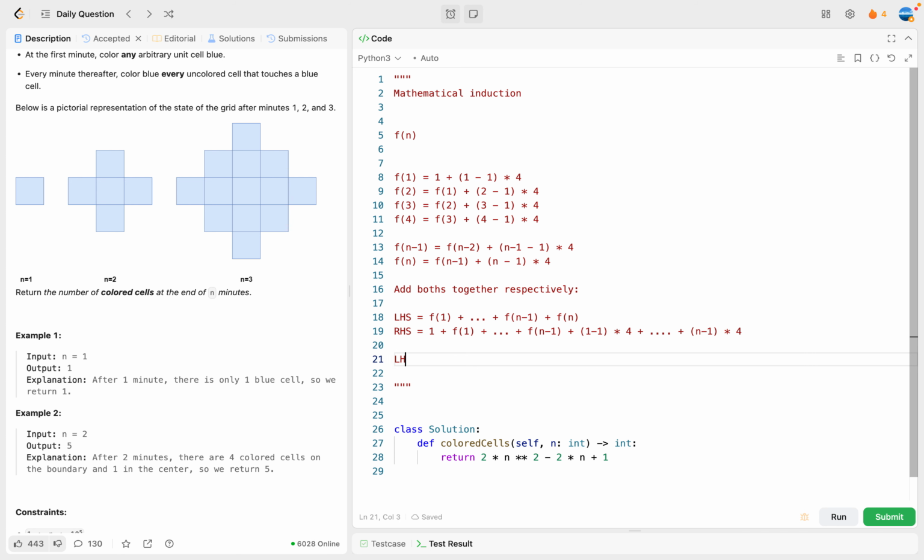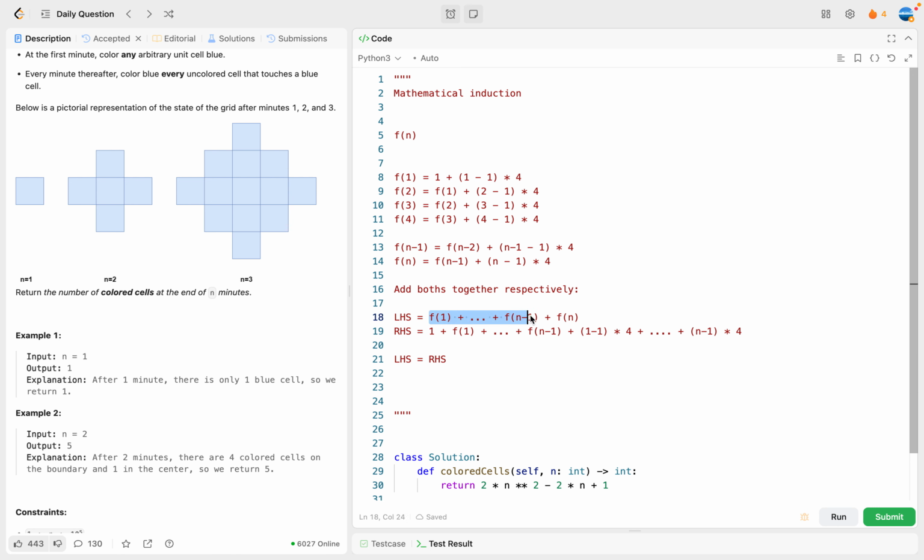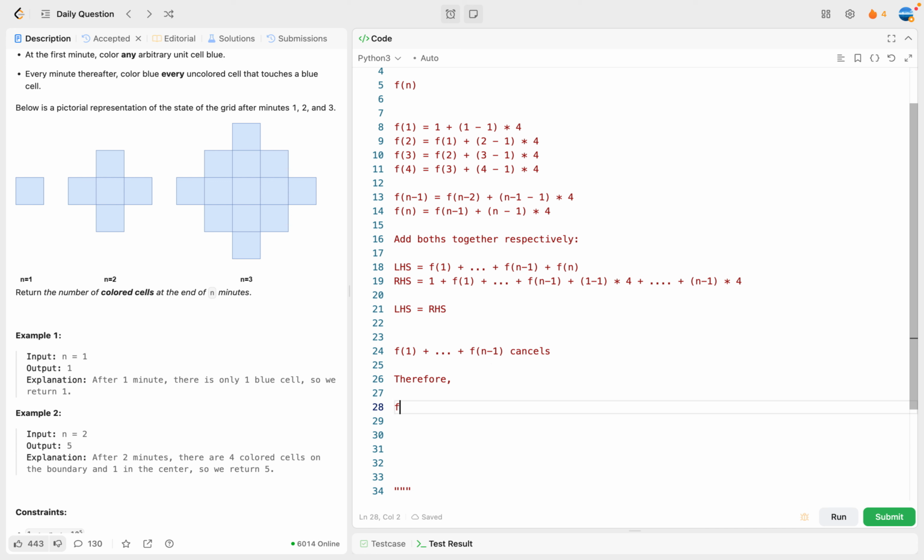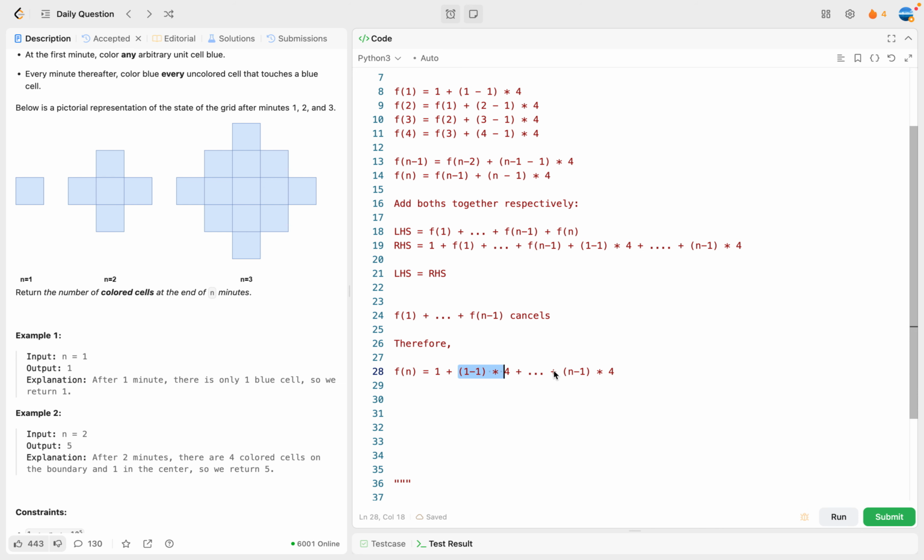Because left hand side equals right hand side, f1 up to f(n-1) cancels. Therefore, the left hand side only has fn remaining. The right hand side would be 1 plus 1 minus 1 times 4 plus up to (n-1) times 4. The summation of this one is rather straightforward.